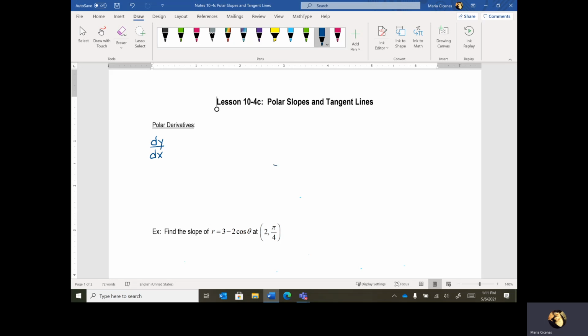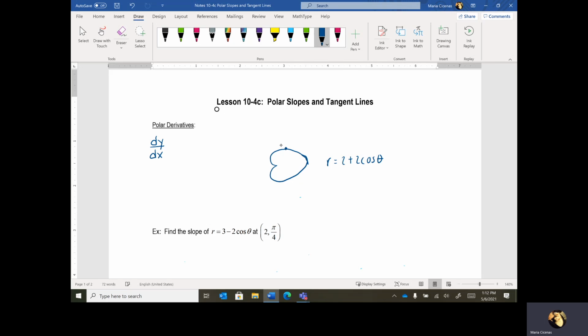And even when we looked at those graphs, like maybe for instance the cardioid, there is an equivalent rectangular equation, just it's a lot easier to write something like r equals 2 plus 2 cosine theta than the rectangular counterpart.